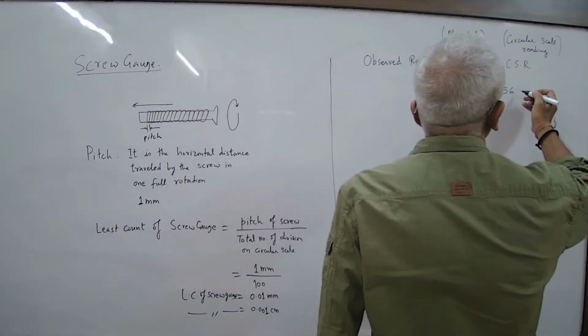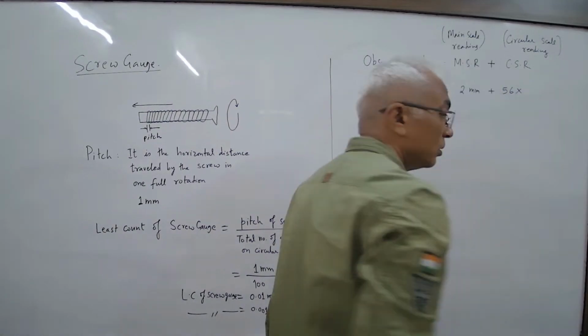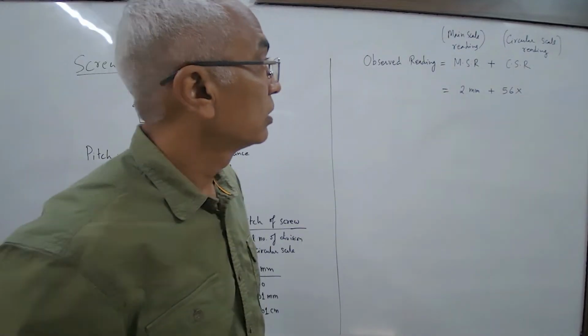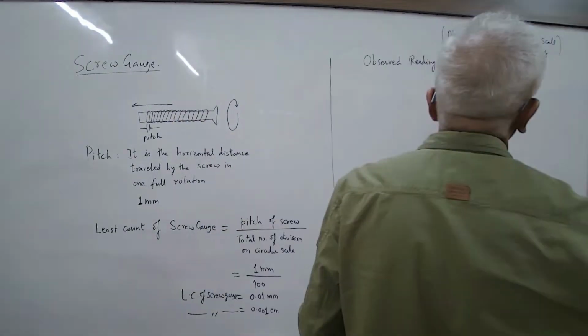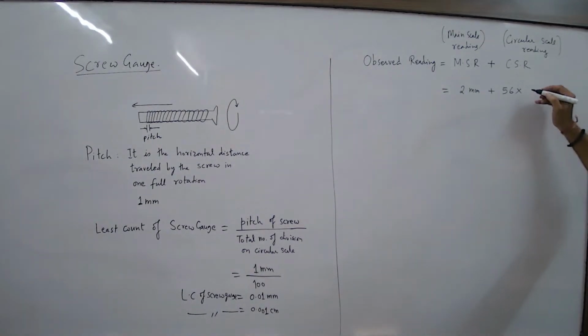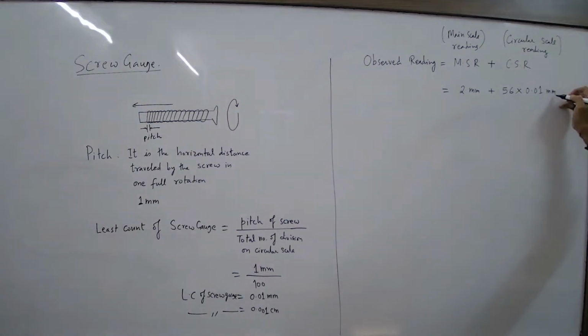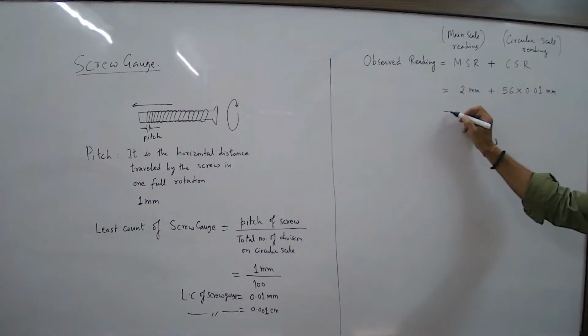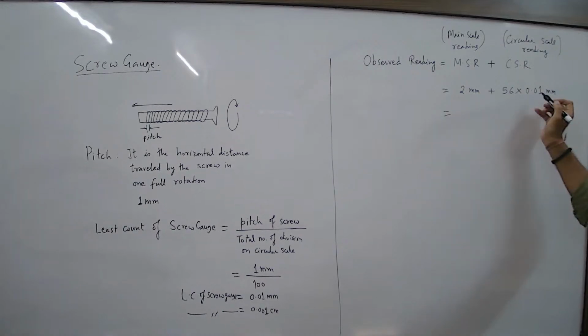तो कोइंसाइडिंग डिवीजन इनटू लीस्ट काउंट है ना. क्या होगा? लीस्ट काउंट कितना है? अभी मिलीमीटर में लेना है लीस्ट काउंट. 0.01 मिलीमीटर. क्योंकि ये मिलीमीटर में लिया तो ये भी मिलीमीटर में लेना. तो अभी आंसर कितना आ गया? ये हो गया 0.56.